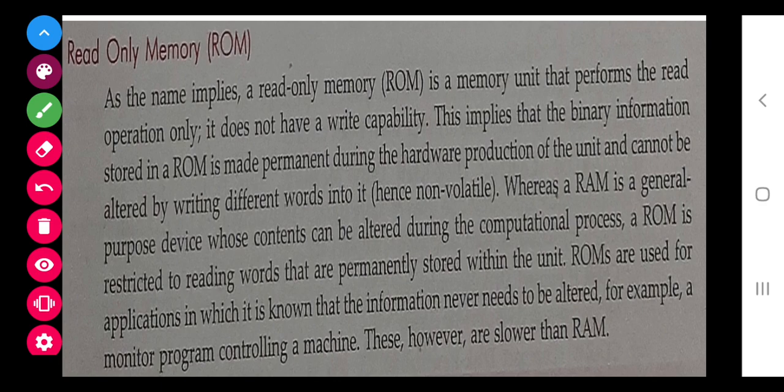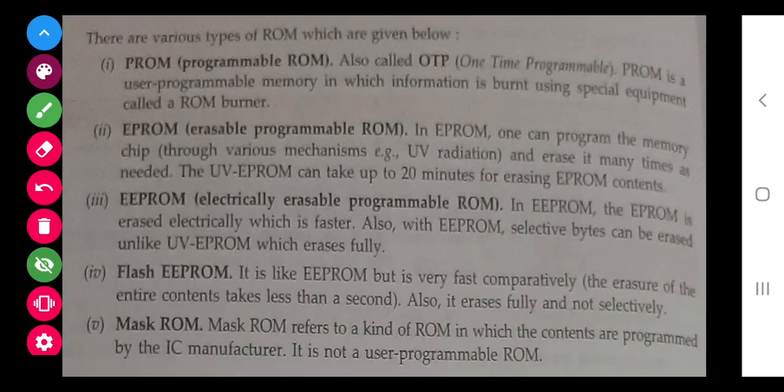Read only memory is that part of the computer in which whatever information is stored will be kept permanently, and it is, you can say, non-volatile. Non-volatile means you cannot change it. You go through this information, and if any problem is there, you can ask.